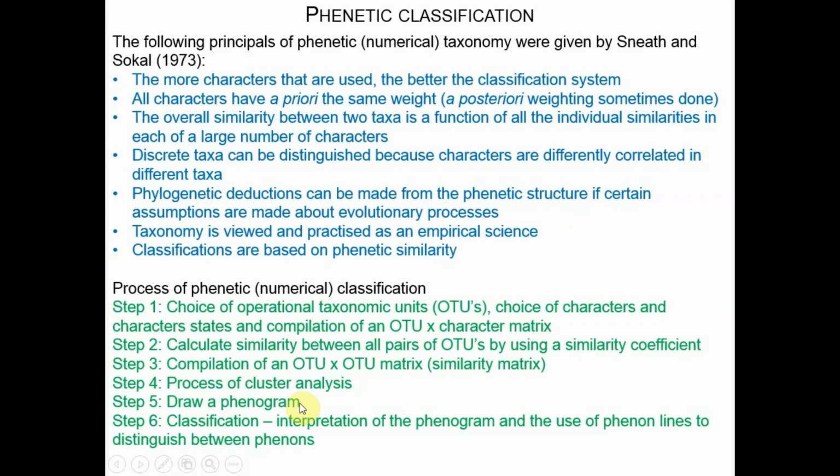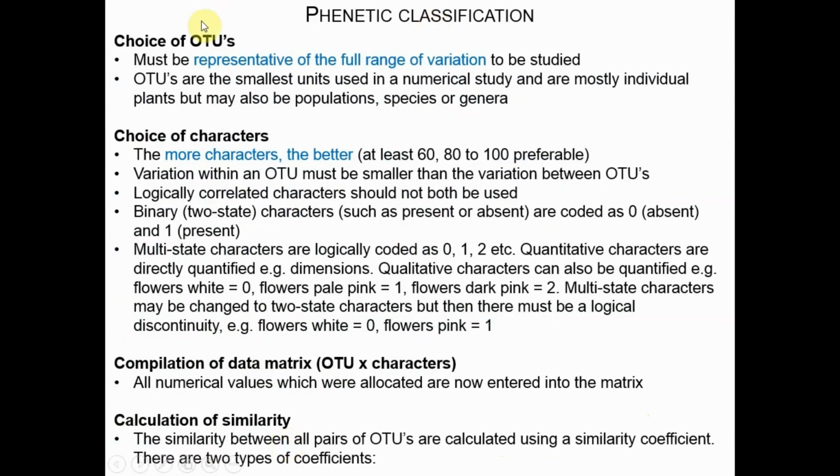In this case, it's called a phenogram because it's the product of a phenetic analysis. And then from that phenogram, we can draw up a classification. We interpret the phenogram and use the phenon lines, which are the lines of the tree, to distinguish between phenons.